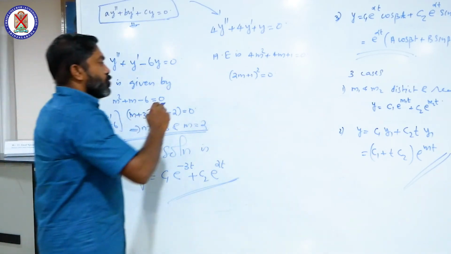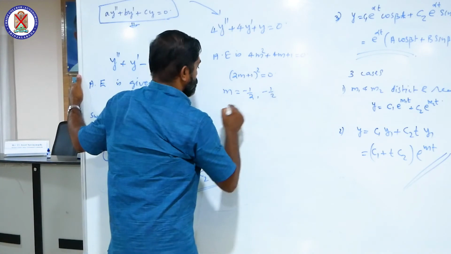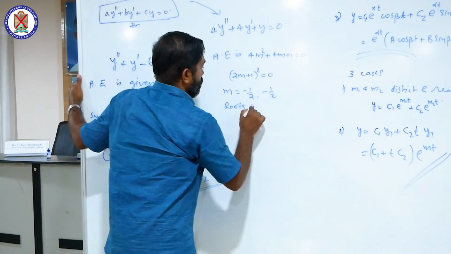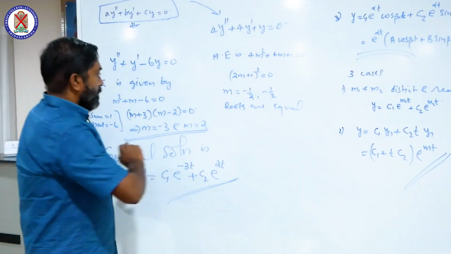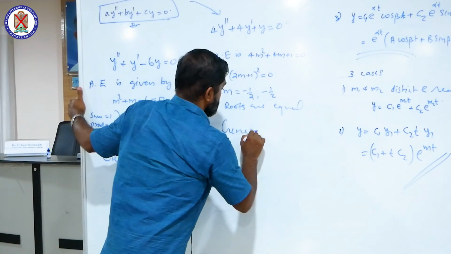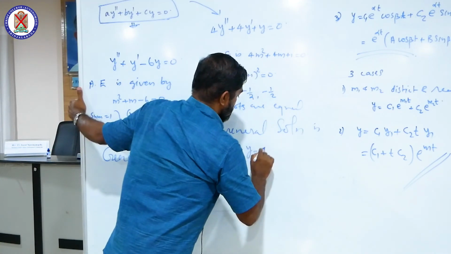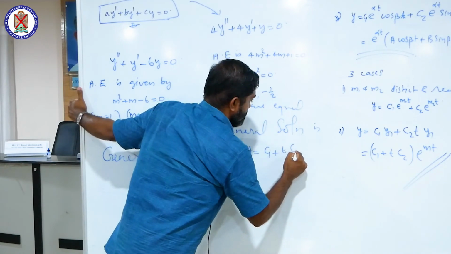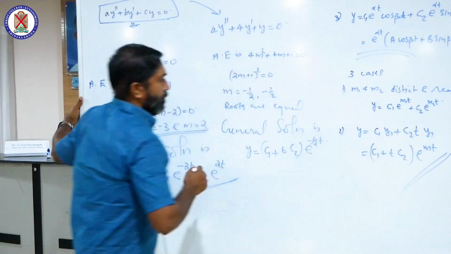That means the roots are m equals minus 1 by 2, minus 1 by 2. Roots are equal. So what will be the solution? The general solution by case 2 is y equals (c1 plus t c2) into e raised to minus 1 by 2 t.